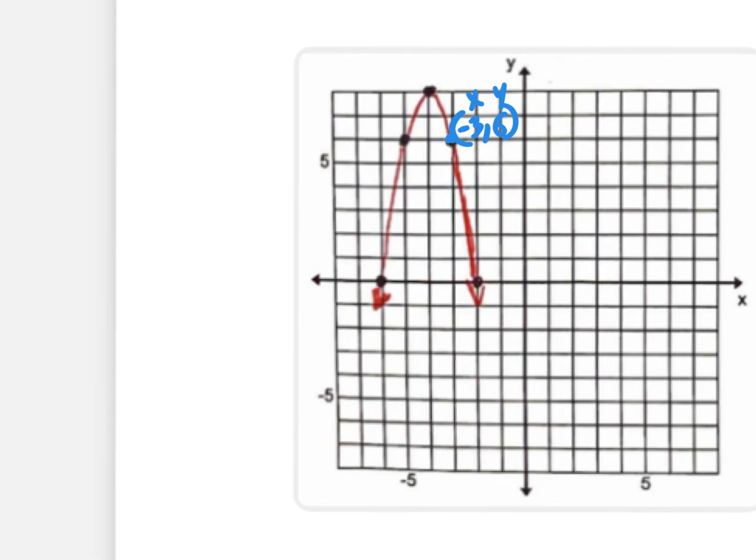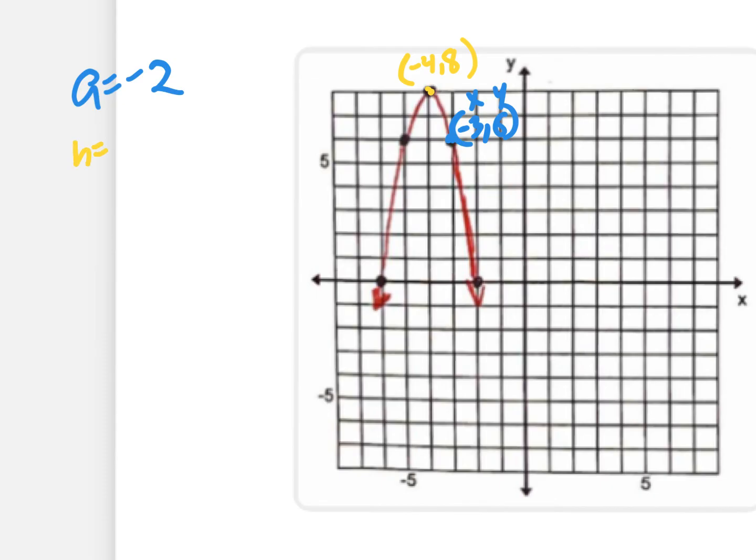So the actual equation, it's opening down, so that means that the a value is negative. And if it were -1, it would go 1 over and 1 down, and that doesn't happen. It's actually 1 over and 2 down. So that means that the a value is -2. And of course, your vertex is the coordinate -4, +8.